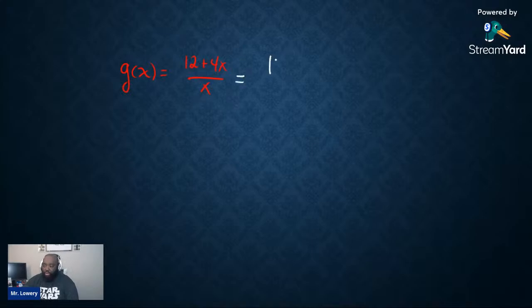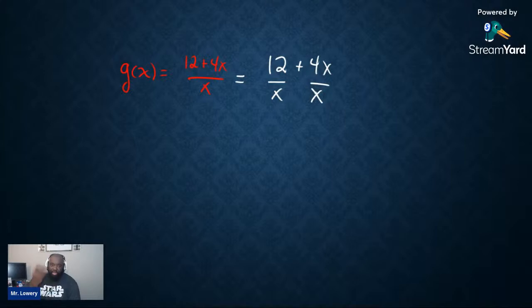One way you can do it is that since this is a combined fraction, give each item in the numerator its own denominator of x, because that's how you combine like terms anyway.